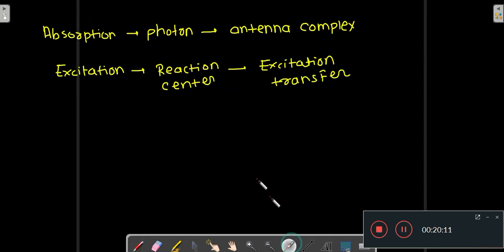Now when there is absorption of a photon by the antenna complex, this leads to the excitation of the reaction center, and this happens because of excitation transfer. The energy is absorbed by the antenna complex and that energy is transferred to the reaction center.